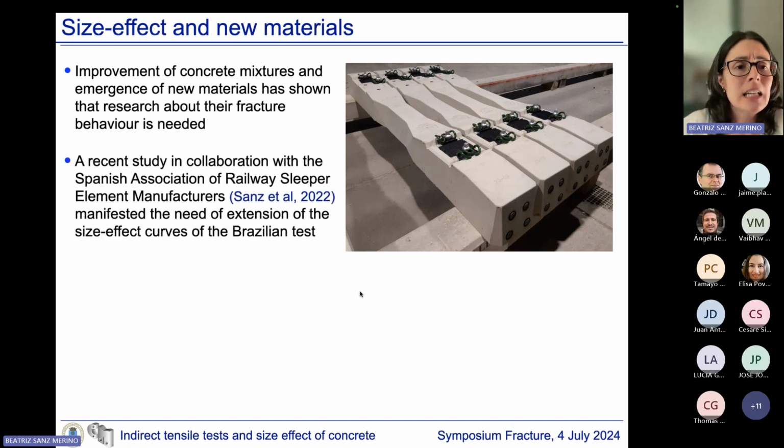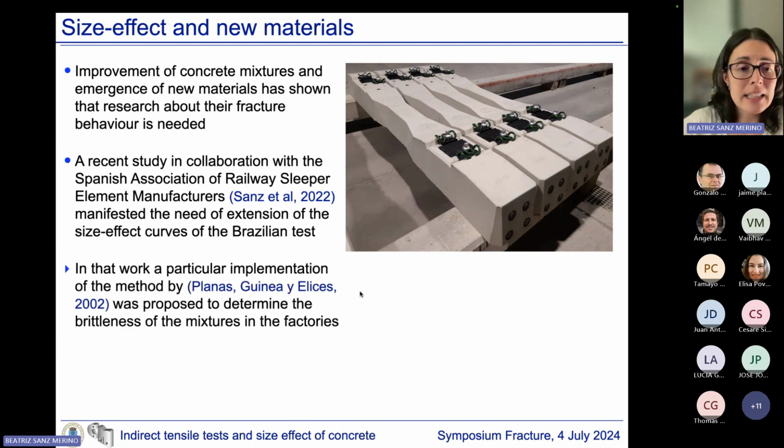In particular, a recent study in collaboration with the Spanish Association of Railway Sleeper Element Manufacturers showed the need for extension of the size effect curves in the case of the Brazilian test. In that work, a particular implementation of the method proposed by Planas, Guinea and Elices, which will be presented in the next slide, was proposed to determine the brittleness of the mixtures in the factories.